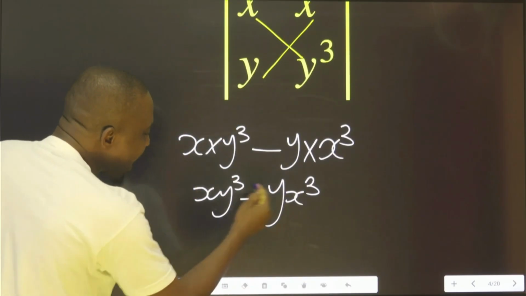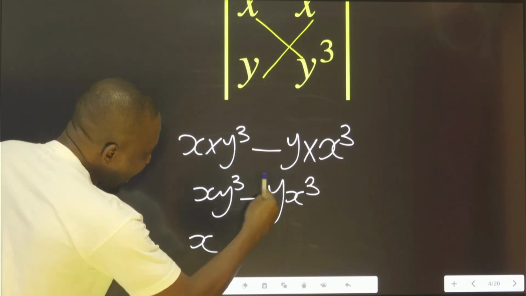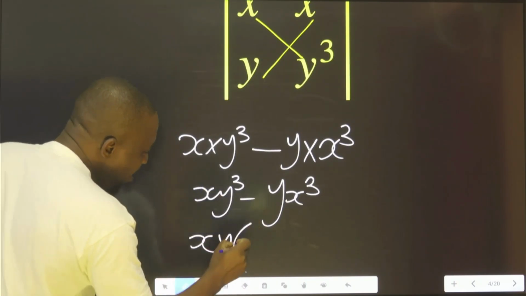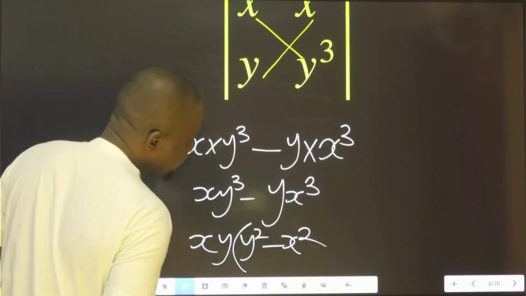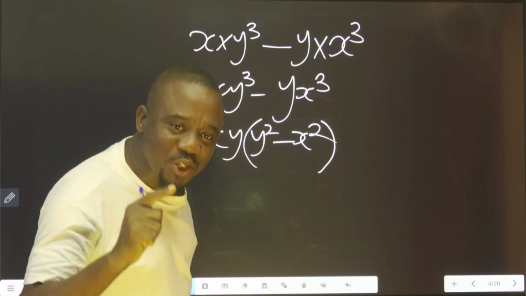What is common here? s is common, I bring s out. y is also common, I bring y out. What is remaining here? y squared, and s squared. What is the meaning of y squared minus s squared?